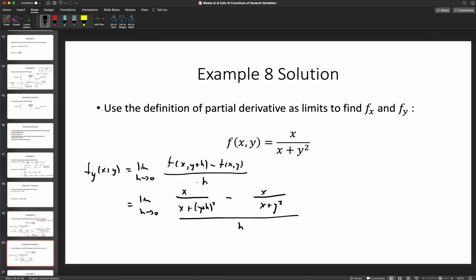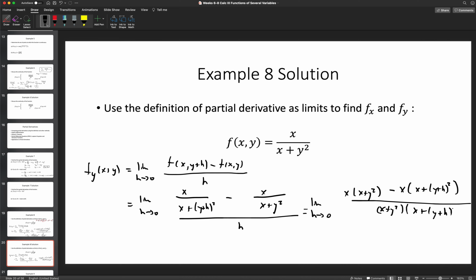So let's just get a common fraction, the same method as the last problem. So we've got x times x plus y squared minus x times x plus y plus h quantity squared all over our common denominator, all over h.